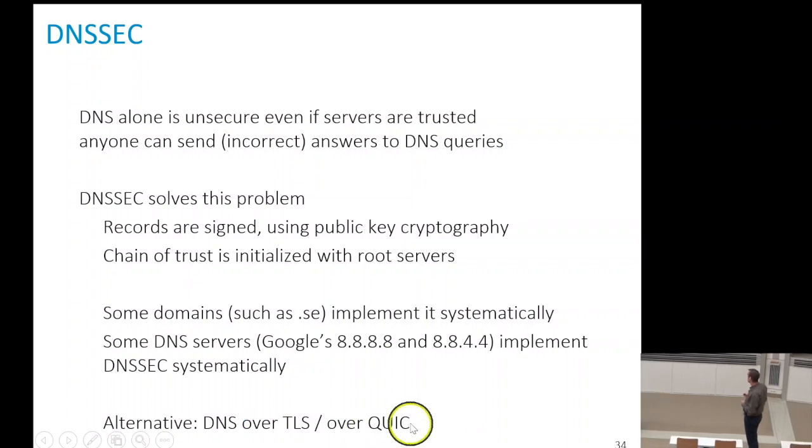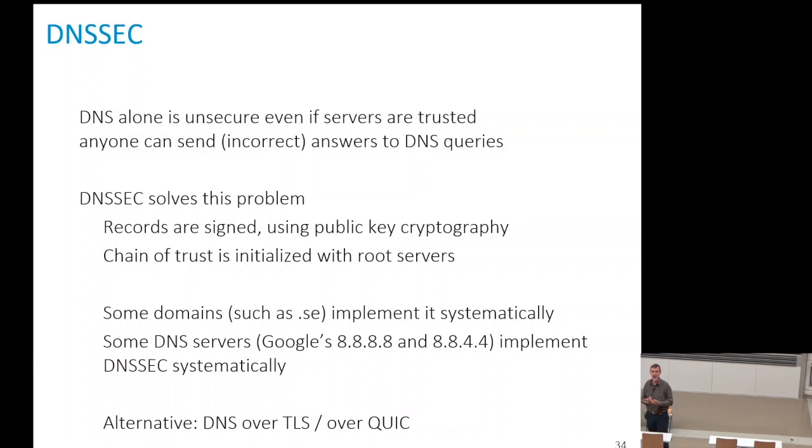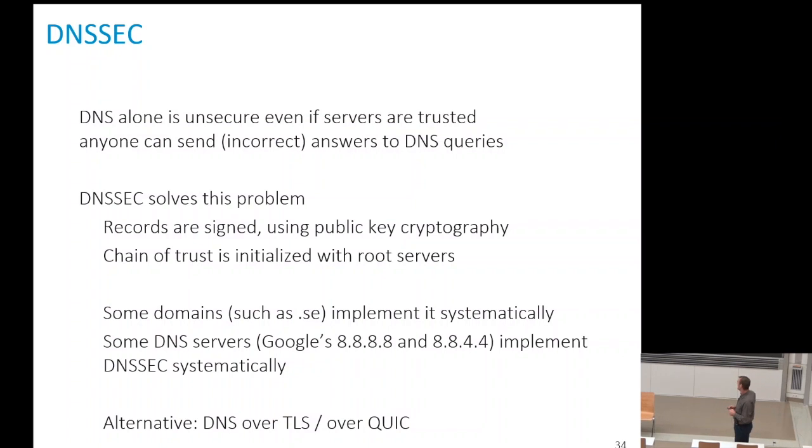So there are currently versions of DNS clients and resolvers that use DNS over TLS or QUIC, and then you get the authentication from TLS. Very similar to what you do when you go to your bank for e-banking. You go via TLS and HTTPS, and then you have a certificate that's verified by a web browser. Here it's the DNS resolver that will verify the certificate.